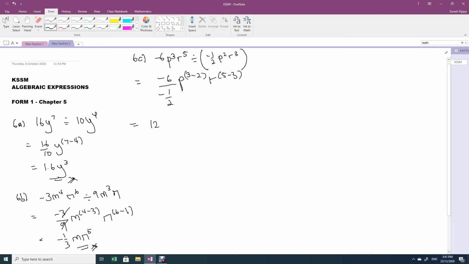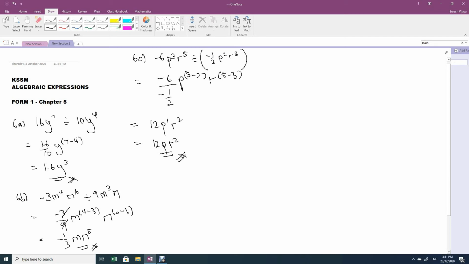Use a calculator, type it in, so you get 12. Then for p, 3 minus 2 is 1. For r, 5 minus 3, because it's a division we write it as minus, so r to the power of 2. That's the answer for 6c: 12pr to the power of 2.